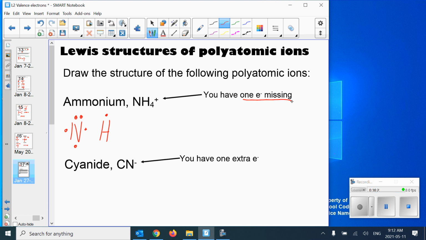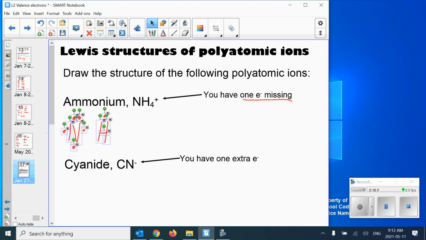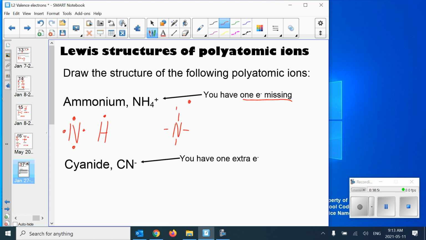So I'm going to take one of these electrons away. I've got to erase my missing electron in this. There we go. Now, I have one electron missing, and guess what? N can bond 4 times because that's 4 singles. I'm going to draw that. N, 1, 2, 3, 4.